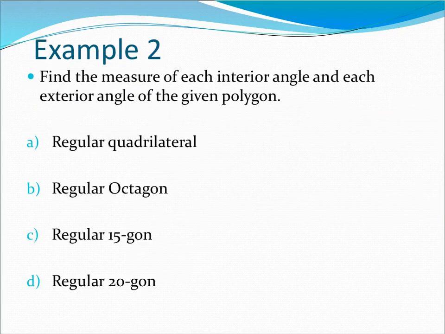Okay, last slide. Find the measure of each, so now it's asking for each interior angle and each exterior angle of the given polygon. We have a regular quadrilateral. How many sides does a quadrilateral have? 4. So what's our formula going to be? 4 minus 2 times 180.